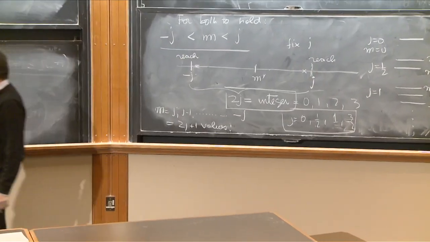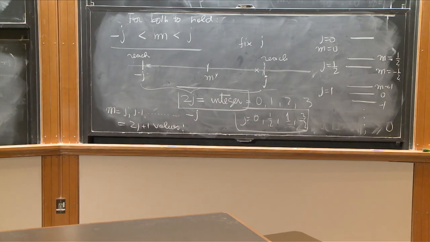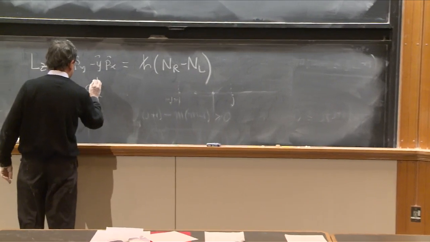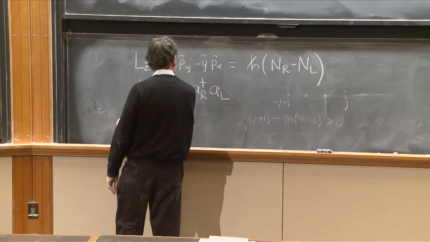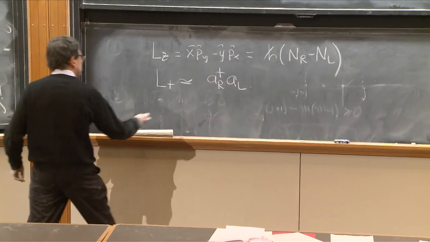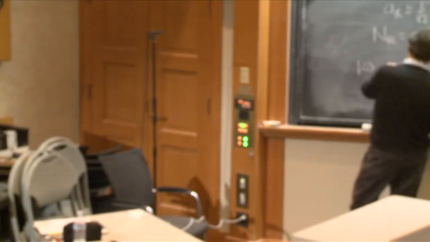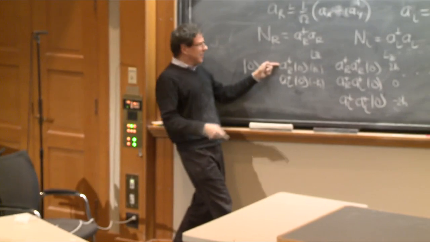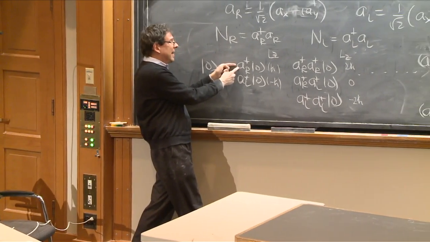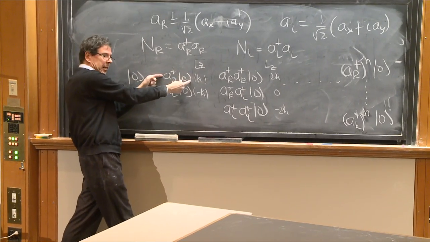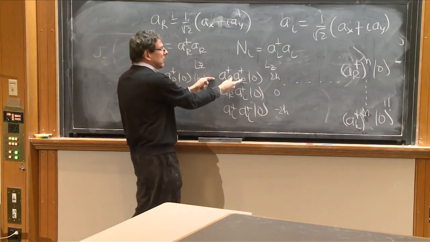And I could try to devise something that annihilates the top state, and it would be something like AR dagger A left. Why? Because AR dagger A left goes to the top state, has no A left dagger, so the A left just zooms in and hits the 0 and kills it here.